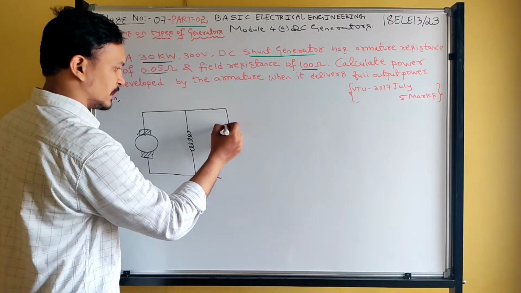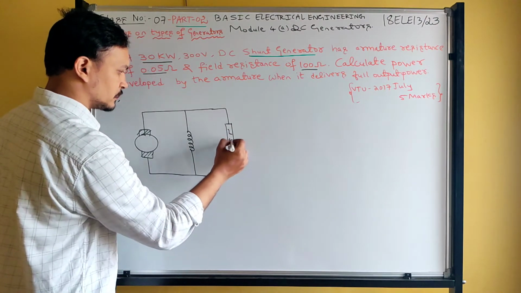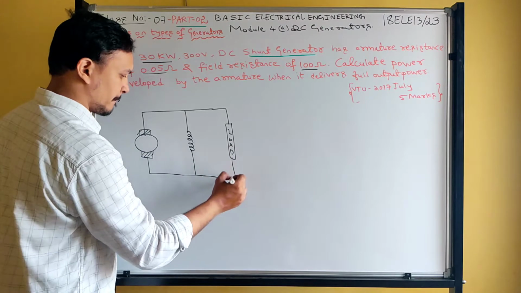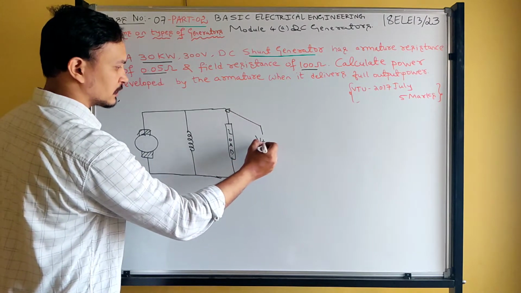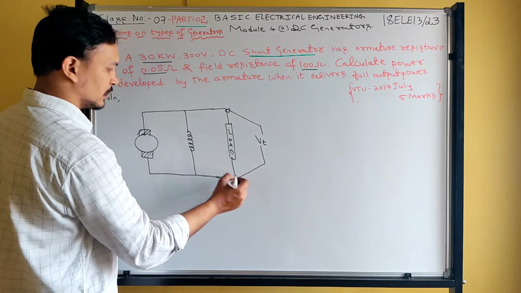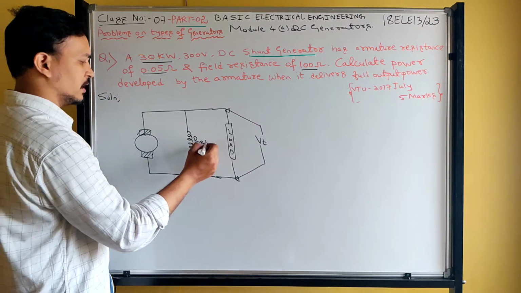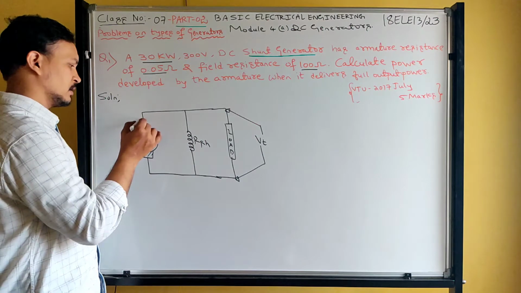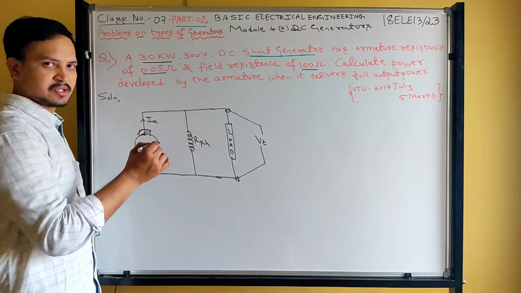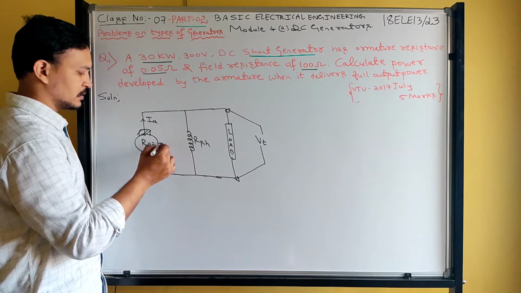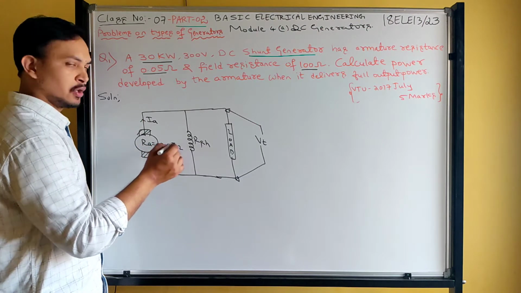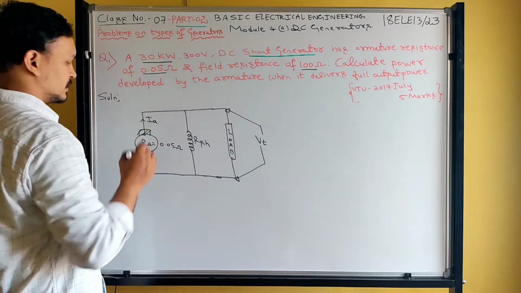So this is a load point, LOAD. The voltage available at the load point is nothing but the terminal voltage, and this is the shunt field winding resistance RSH. The machine will develop a current, the armature current. So this will be the armature resistance, 0.05 ohms, given in the question.